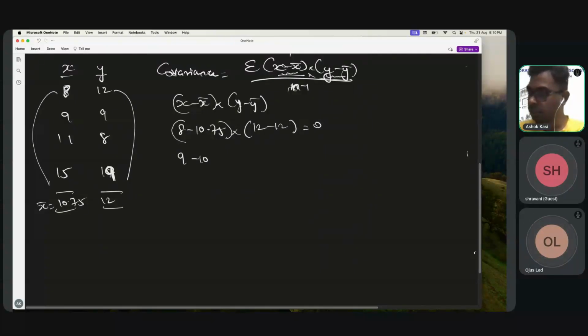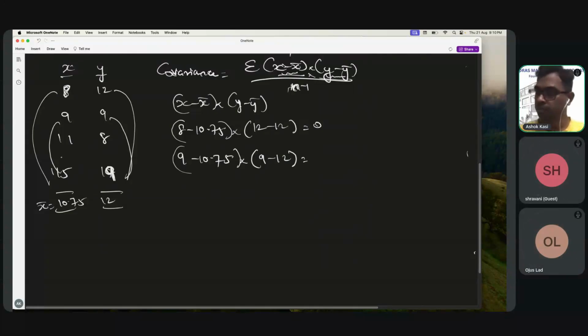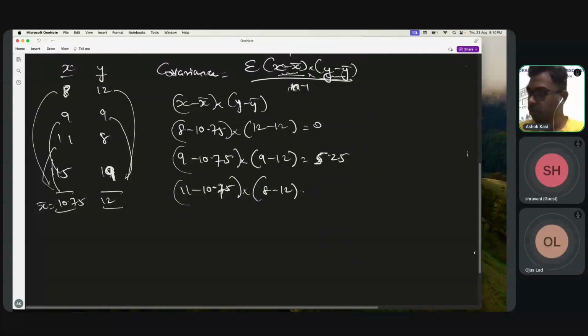Then 9 minus 10.75, and this is 9 minus 12. Just calculate this. 5.25. The next is 11 minus 10.75 into 8 minus 12, minus 1.